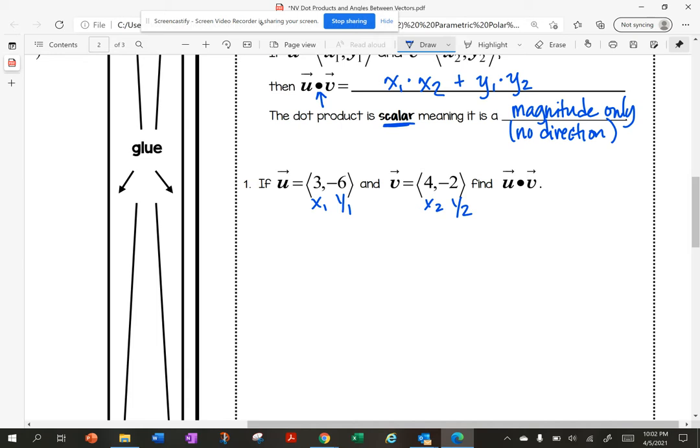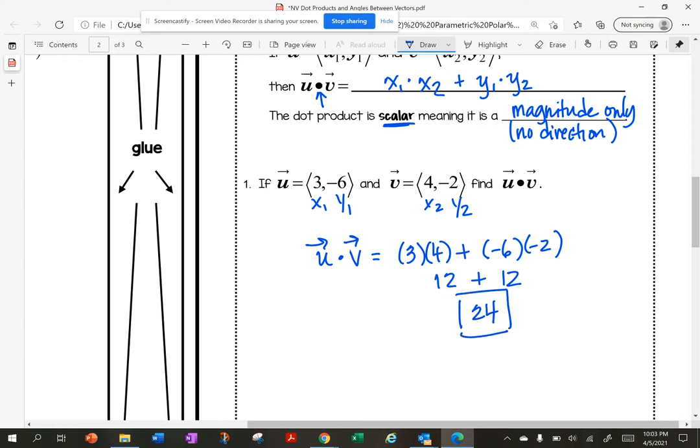So the dot product of u times v is 3 times 4 plus -6 times -2. So this is 12 plus 12, which is 24. So I have just a number. So I have a scalar.